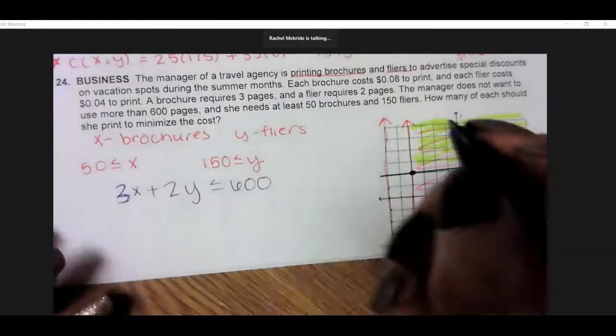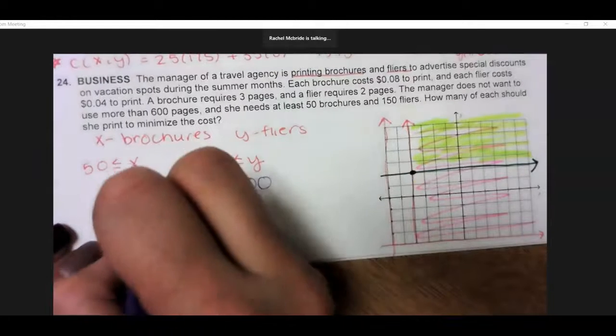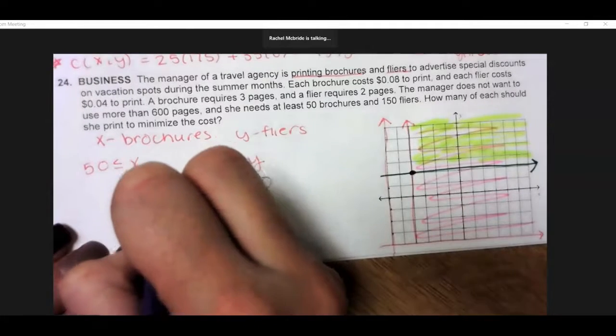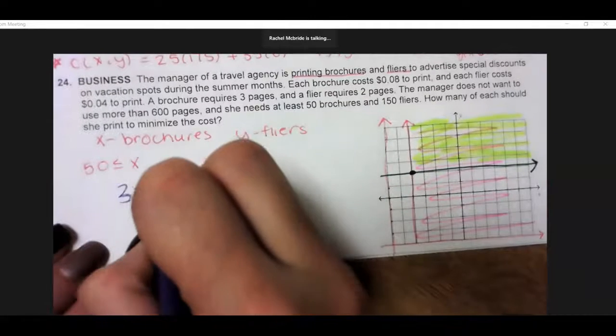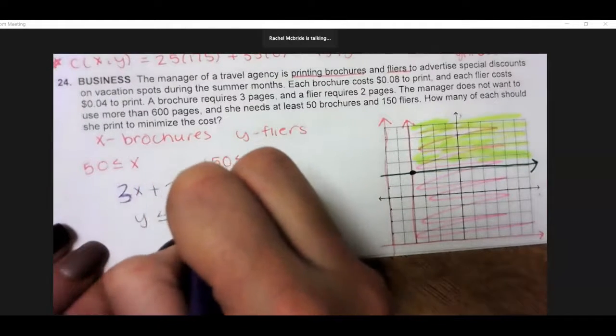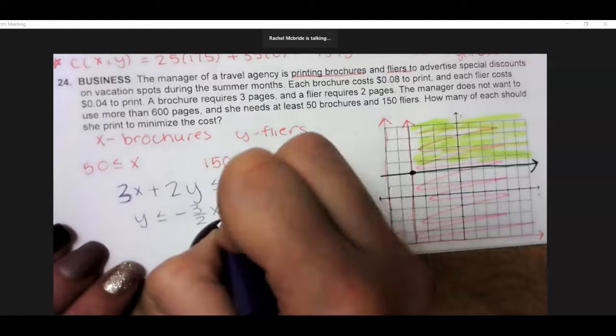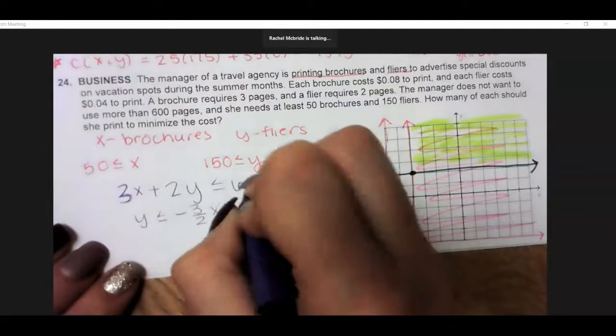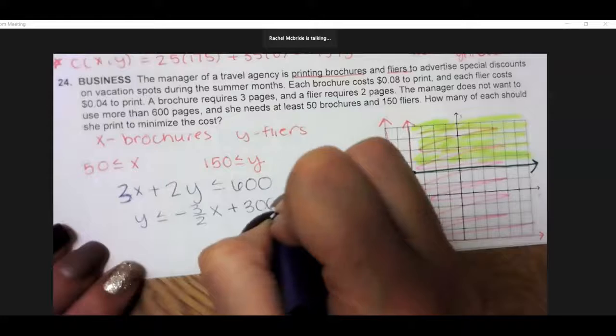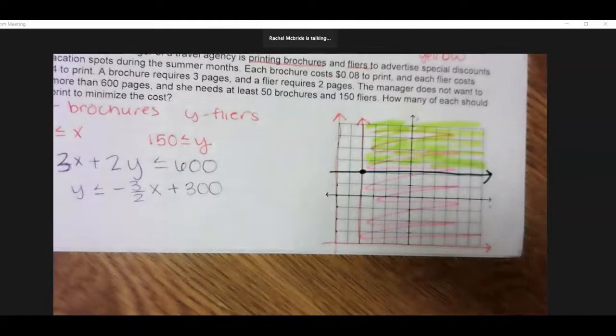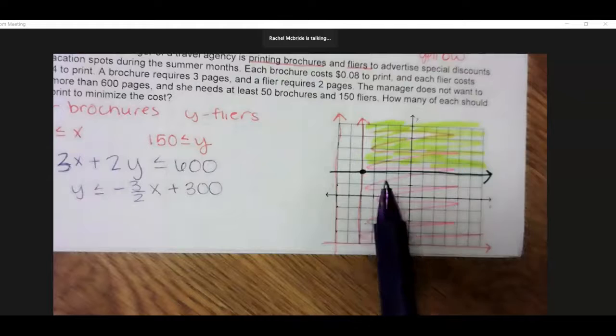So we'd get our x and y intercepts, or solve for y to get our graph. You get y is less than or equal to negative 3/2 x plus 600 divided by 2, which is 300. So that means my y-intercept is 300. And then I'm going down and over.